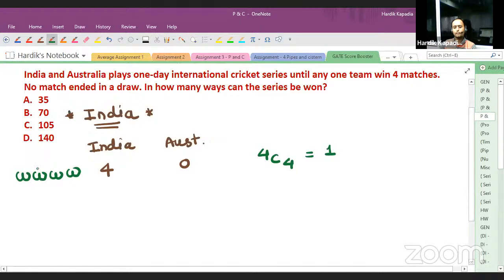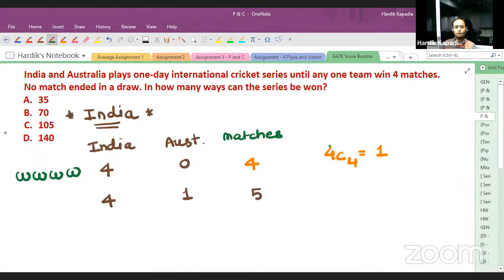Here the matches: there are 4 matches, 4C4, one way.